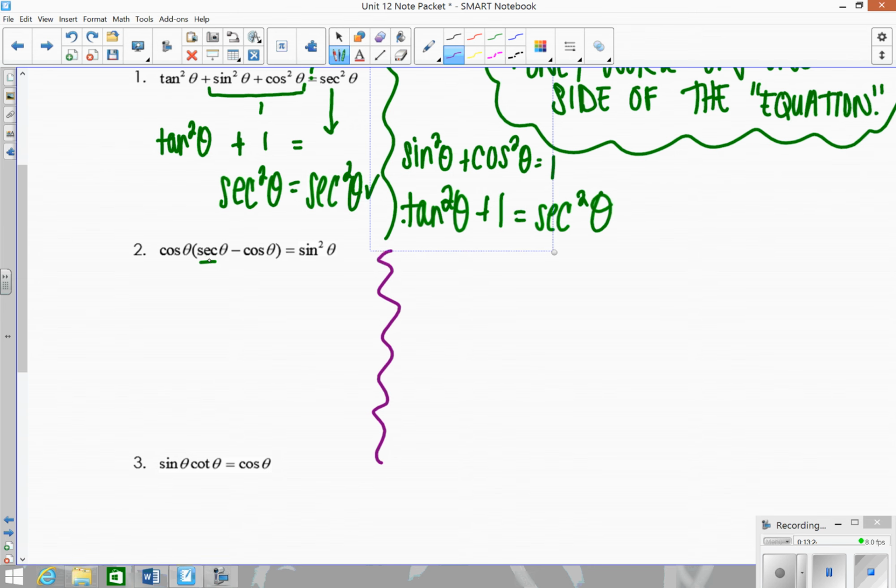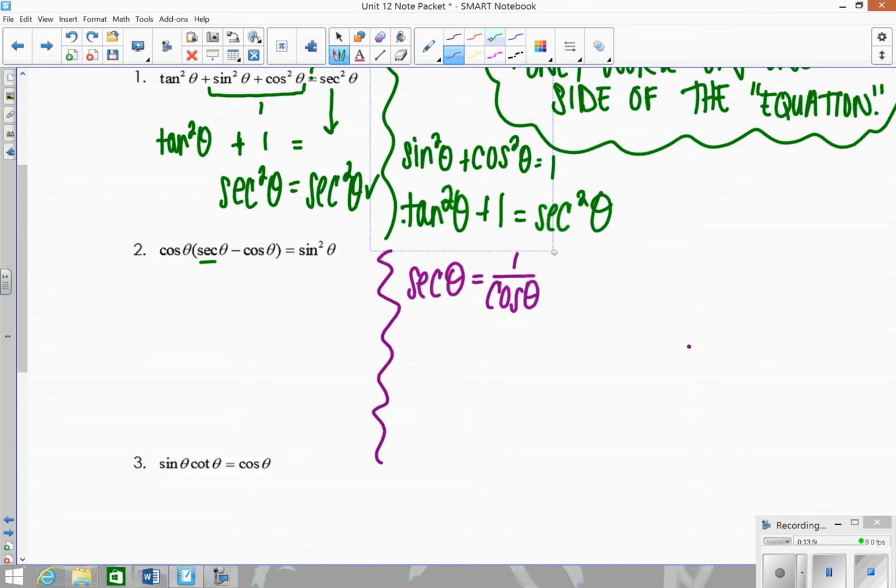So that tells me that I should get rid of the secant and turn it into its reciprocal function. So secant is the same thing as 1 over cosine theta. I always remember secant too as it looks like cosine backwards. So C-E-S, if you just pretend that's an O, is like cosine. That's how I remember that that one's cosine.